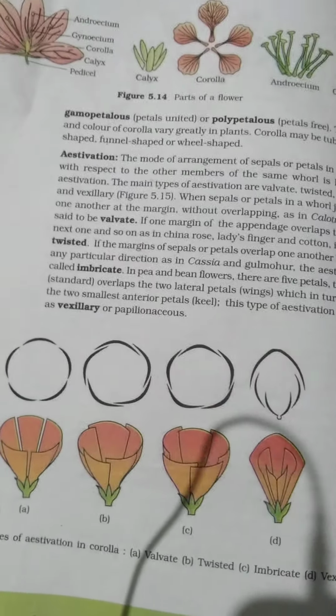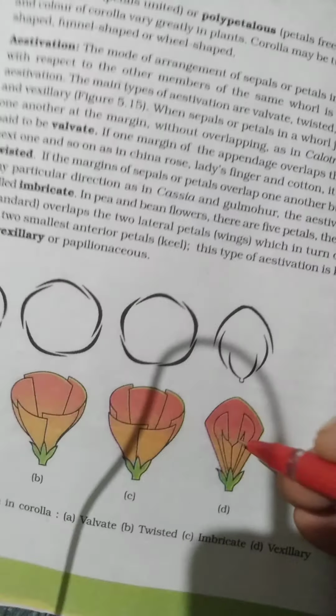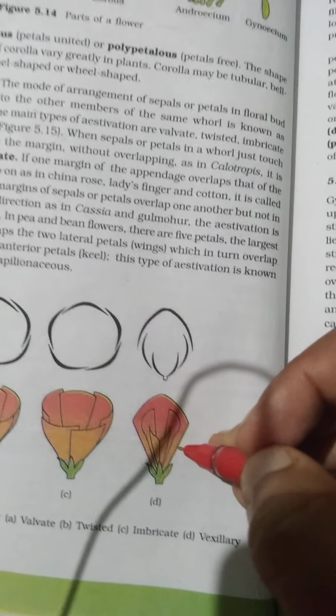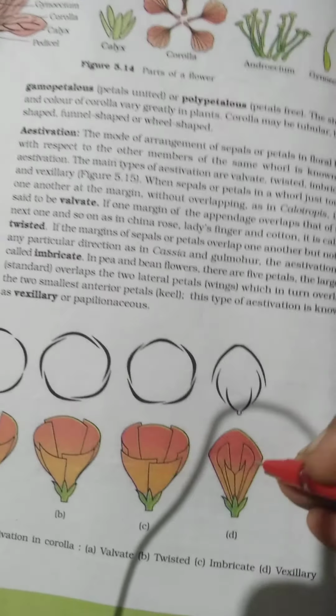It can be in any direction. And in the case of vexillary, what we have seen in pea and bean flowers, there are 5 petals. The largest overlaps the two lateral parts.